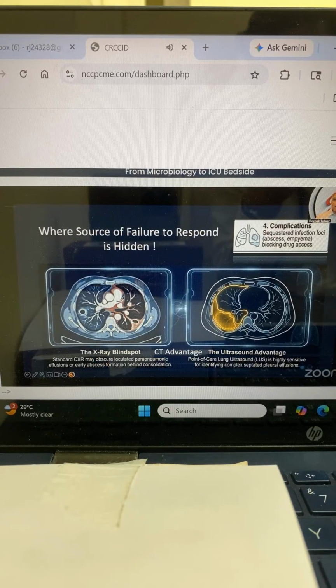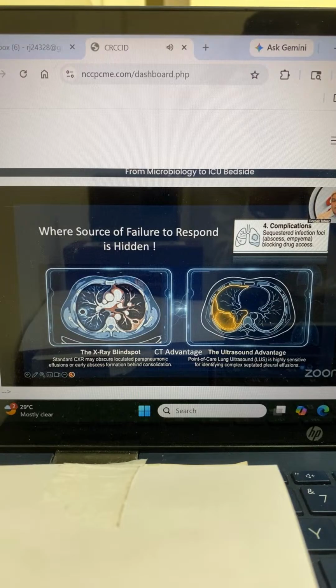But the second part, which is again related to infection and not the kind of organism, is when the infection goes and hides somewhere else where it cannot be treated because the antibiotics won't be able to reach there, which is a blind spot.